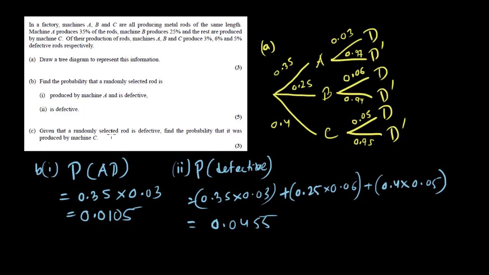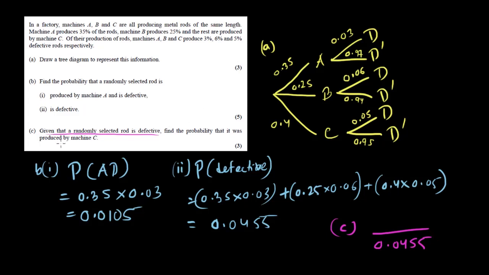Now the next question is, given that a randomly selected rod is defective. Whenever there's a question where this information is given, that would basically be divided. So the probability of defective is 0.0455. That is the given that it is defective, so that is now the total probability.